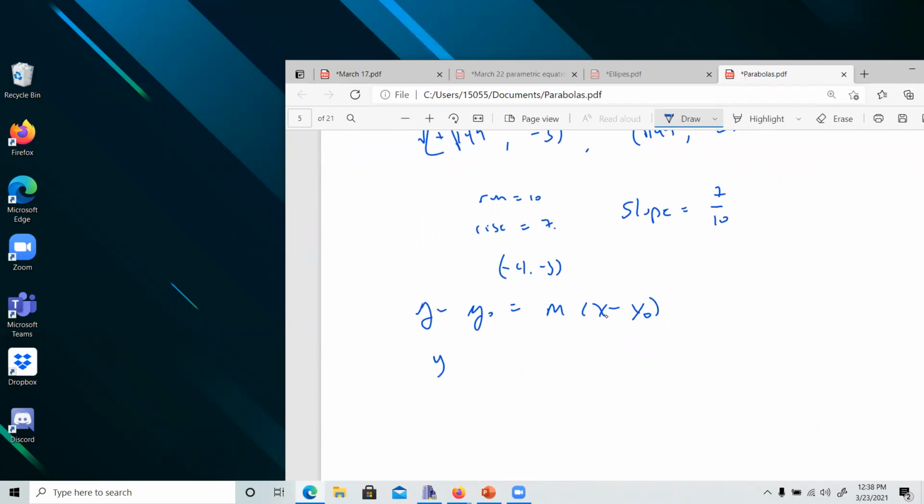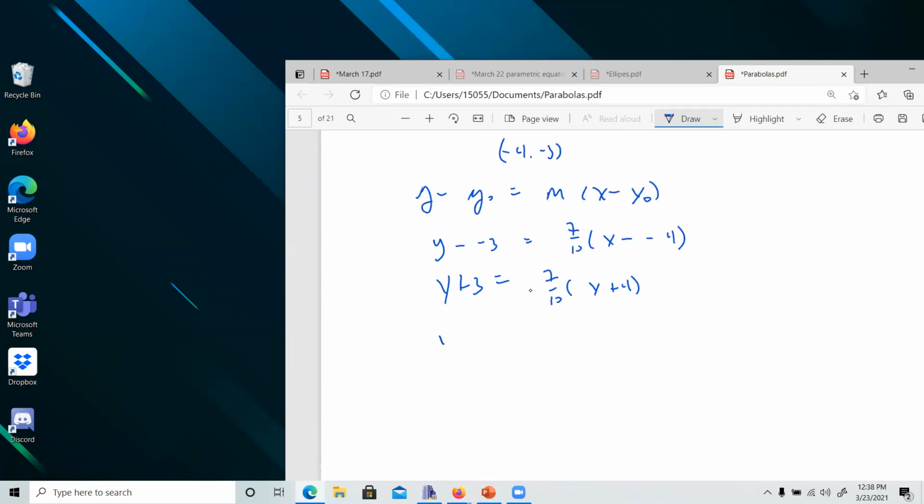So this is going to be y minus -3 is equal to 7/10 times x minus -4. And all we have to do is crank this out and get our y equals mx plus b. So it's going to be y plus 3 is equal to 7/10 times x plus 4.